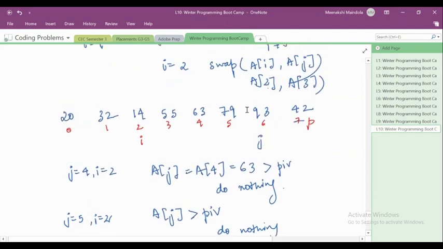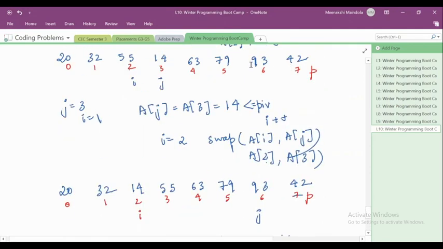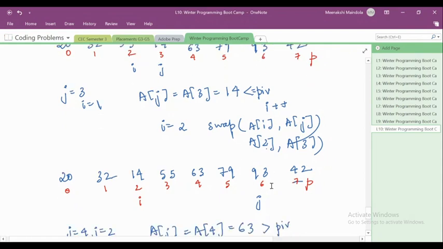Now what happens? The loop that we started off with j equal to 0, we said that we are only going to go up till the last index minus 1, which is high minus 1, that is till 6 only, because at the 7th we already have the pivot element.